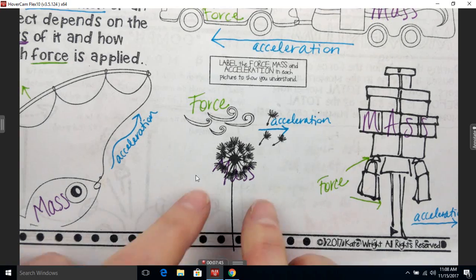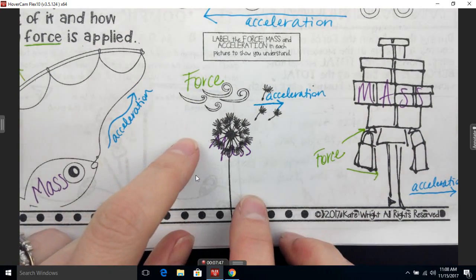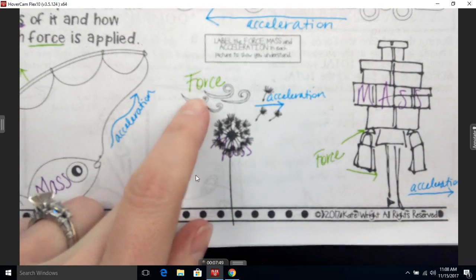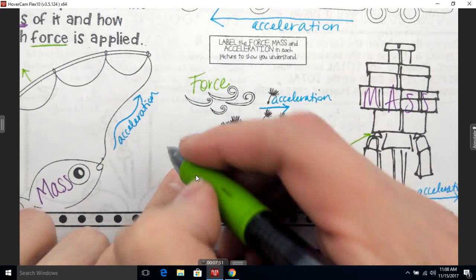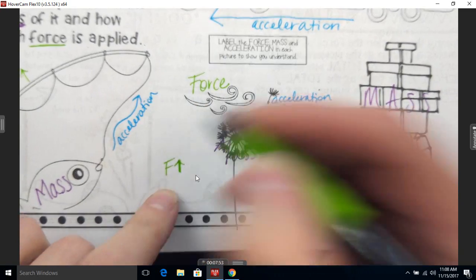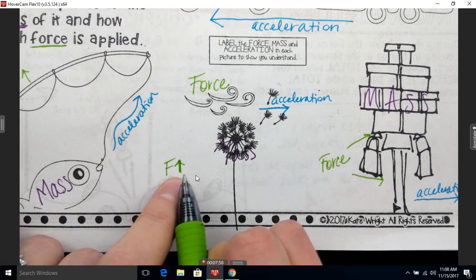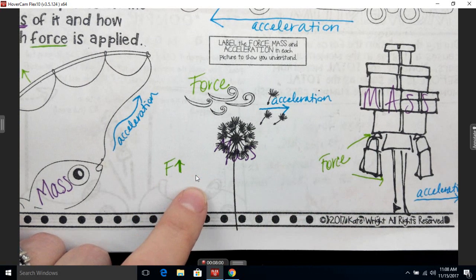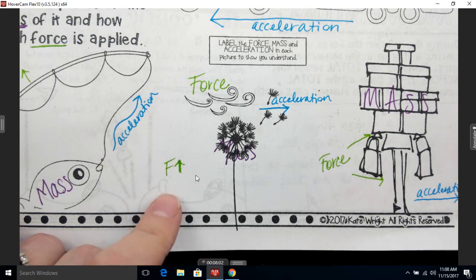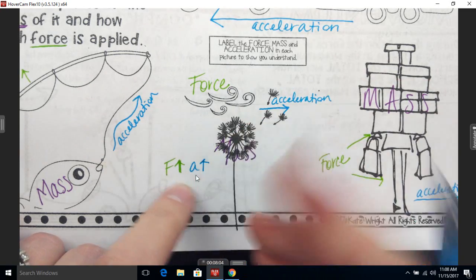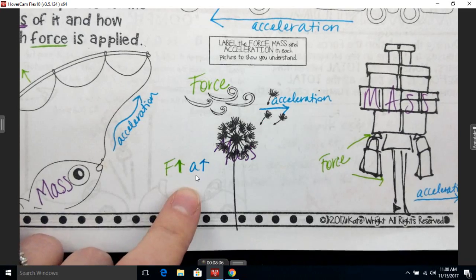Let's take this for example. If my force goes up, say you're holding it and you blow on it, what else happens? The acceleration goes up. It would fly away faster and farther.